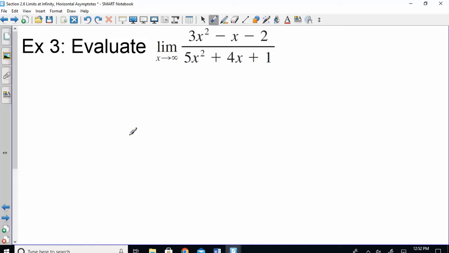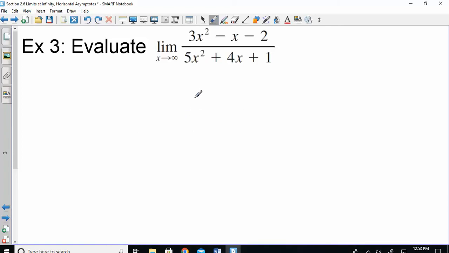In number theory, they talk about degrees of infinity. We're just saying it goes forever, but we don't know how fast it's getting there. So we can't just say a really big number minus a not as big number minus 2 is going to go to this. We don't know that. But we know it's legal to multiply and divide the top and bottom of a fraction by the same thing.